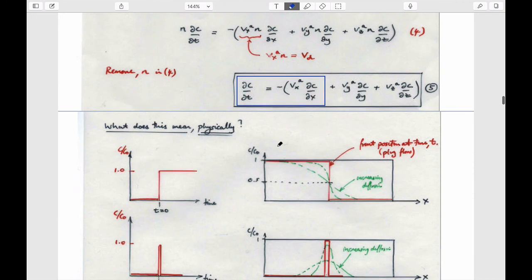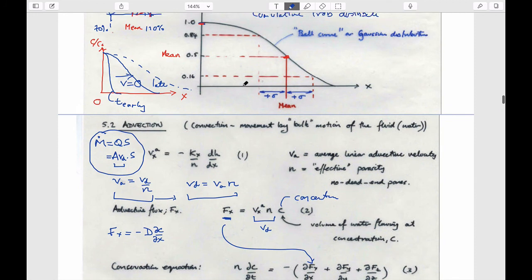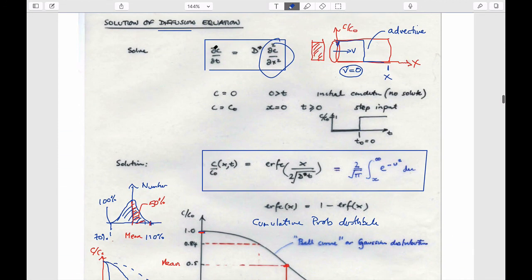But what we could do, and let's do it, is add these two components together. So this is the accumulation due to the advective flux. This is the accumulation due to the diffusive flux, by diffusion. Let's add them together.